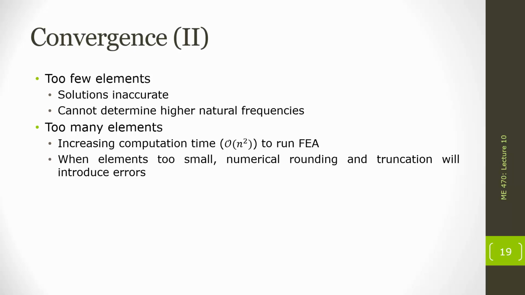The other problem could be when the elements become too small, the computer itself might start to make errors, such as rounding errors and truncation errors, when the size of the elements becomes way too small. But the biggest thing with using too many elements is just how long it's going to take to run.